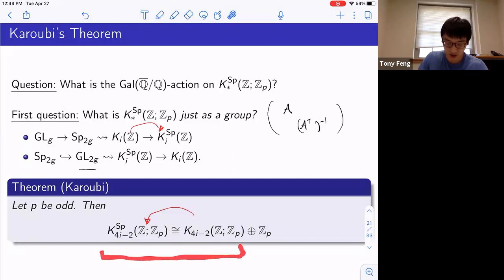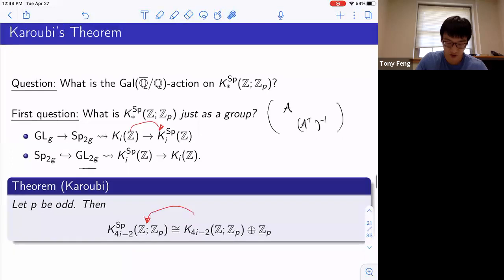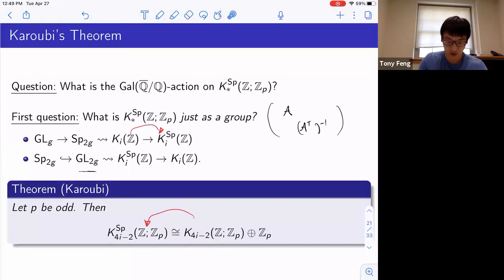It says that the difference between these two is a thing which one proves to be periodic. So this kind of periodicity phenomenon for K-theory is going on here, and that's something which is hard to see purely in homology.